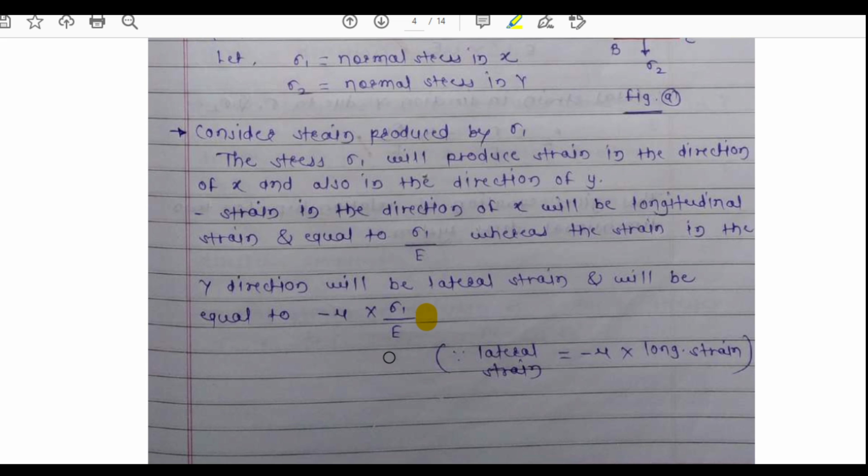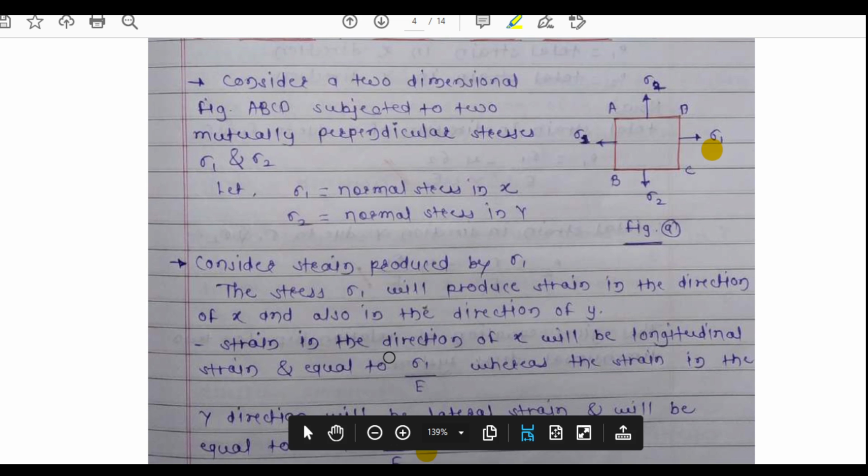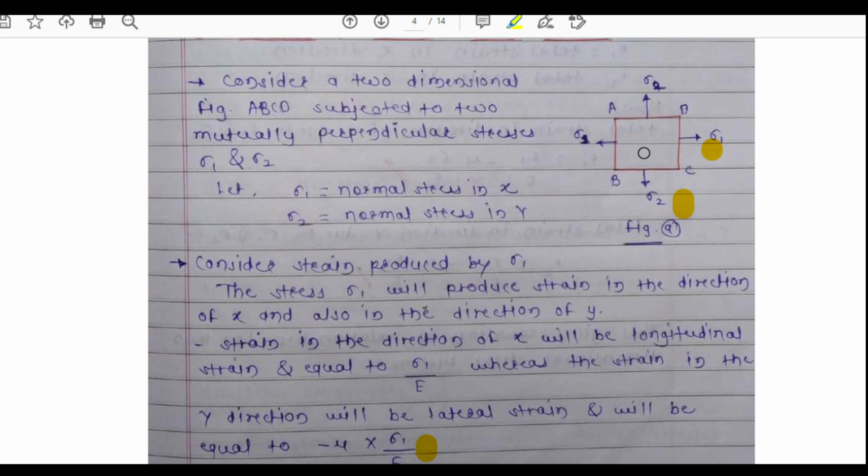Now what happens for sigma 2? Sigma 2 is acting in the y direction. So in the y direction longitudinal strain will be produced, and in the x direction lateral strain will be produced. Again this is also very simple.